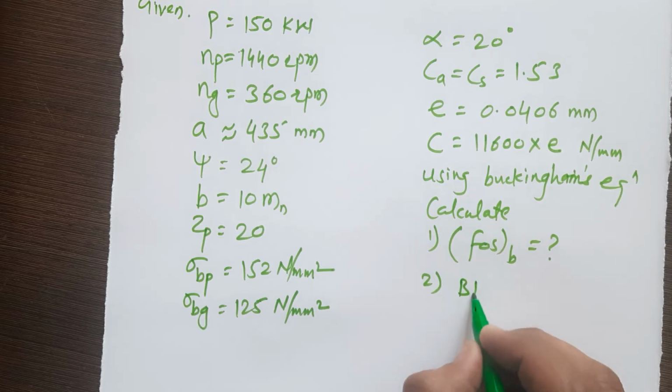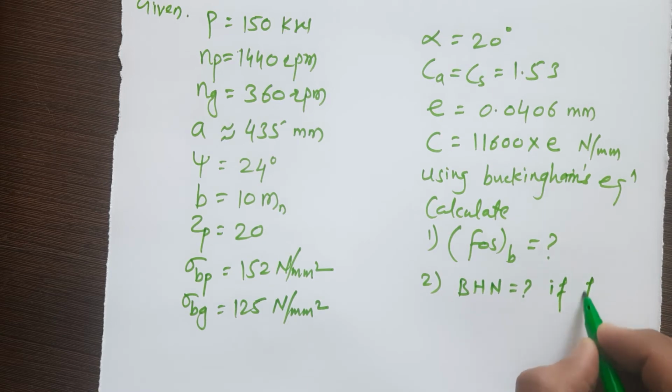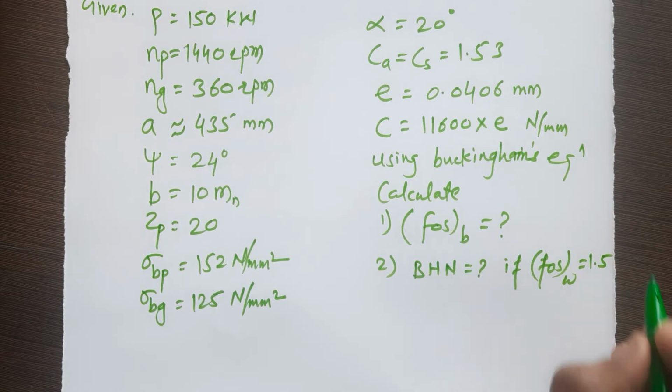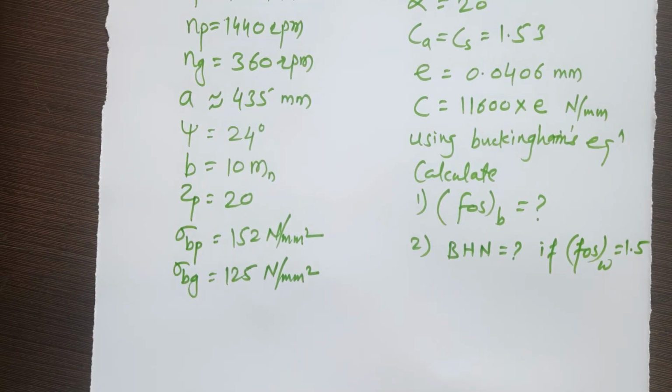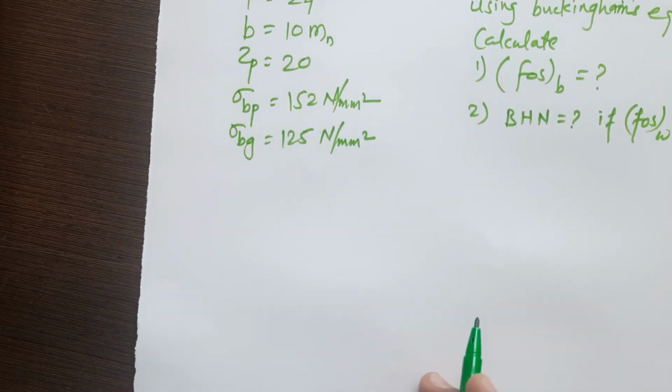So BHN we have to calculate if factor of safety against wear or pitting is 1.5. Okay, so two things we need to calculate. First is factor of safety against bending failure, and second one is BHN if the factor of safety against wear is 1.5.